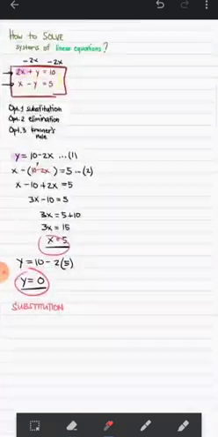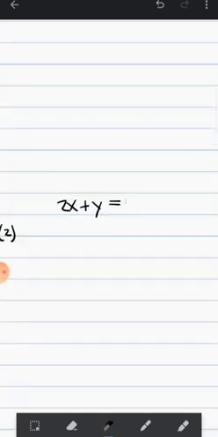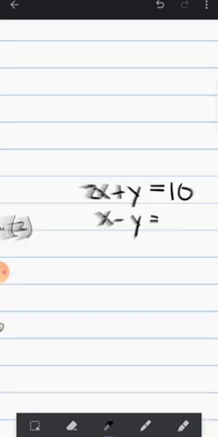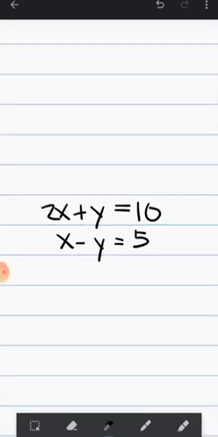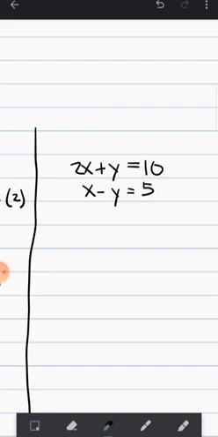And then the next option would be the elimination. So how will you do the elimination? So let me write first the equations: 2x plus y and x minus y is equal to 5. So to do the elimination method, you just have to multiply either of the equations with a constant and then combine the equations to eliminate one variable.